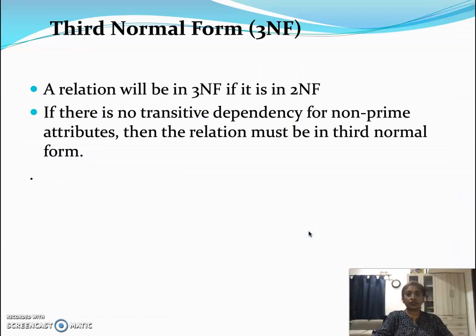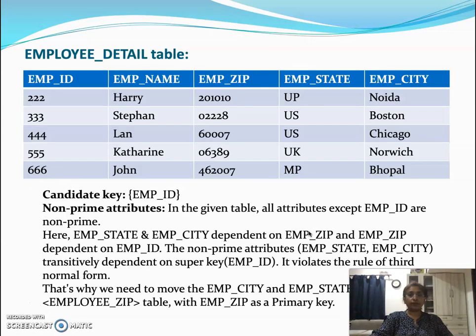Now we go into the third normal form, 3NF. A relation will be in 3NF only if it is in 2NF first of all, and there is no transitive dependence for an attribute. Again, transitive dependency I will explain with an example.